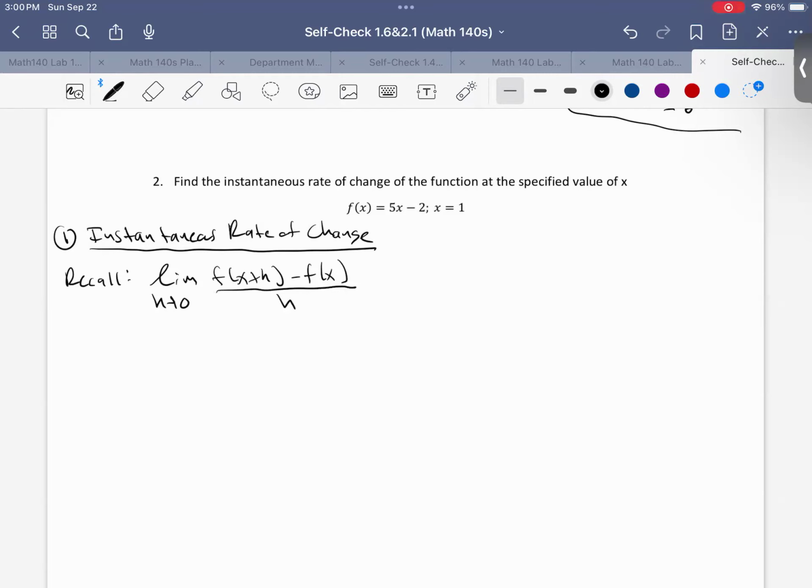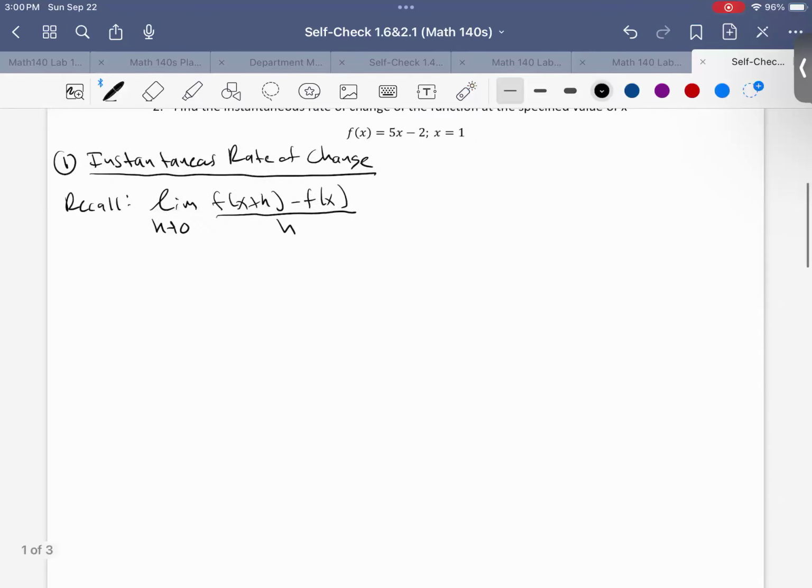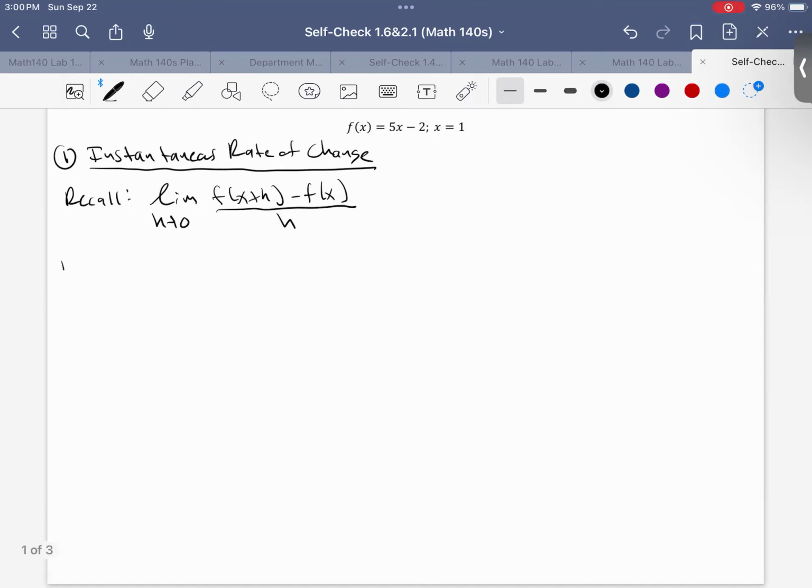So here, we're going to use this definition. And what we're going to do is now substitute in our function. Remember that instantaneous rate of change is just the slope of that tangent line.